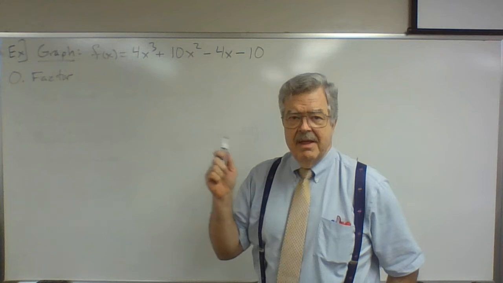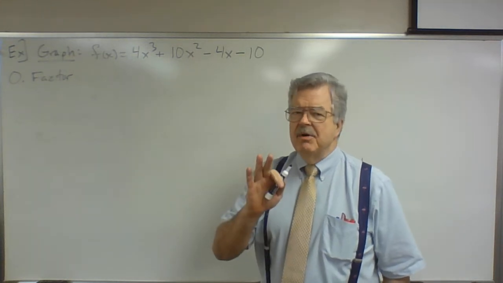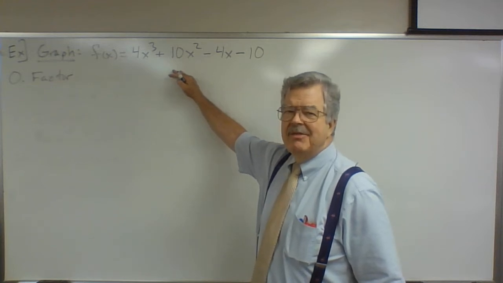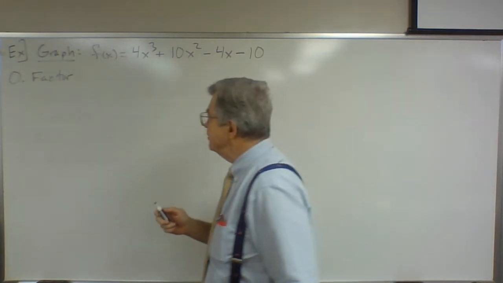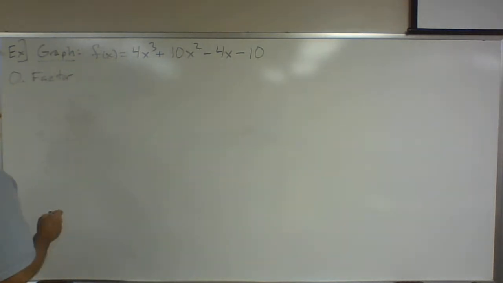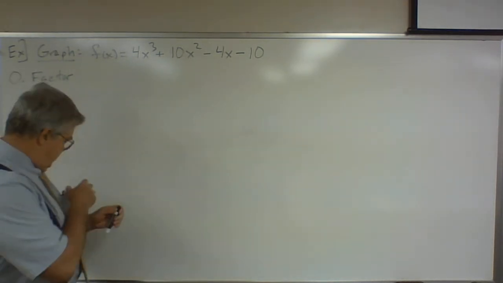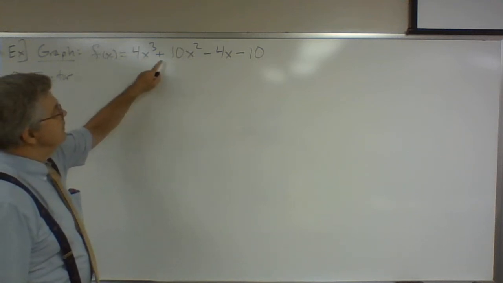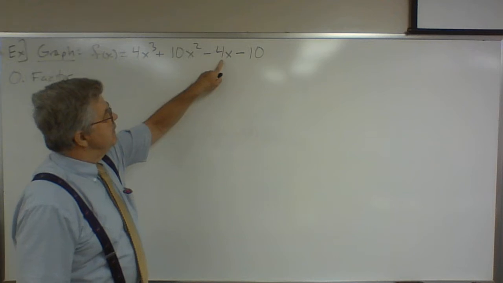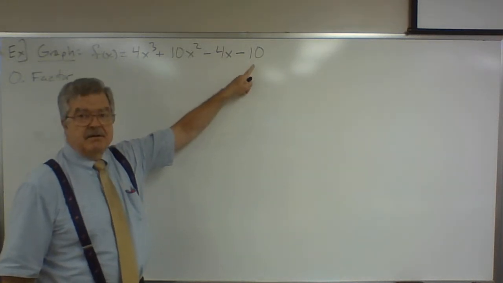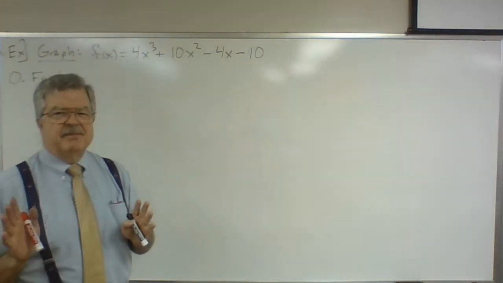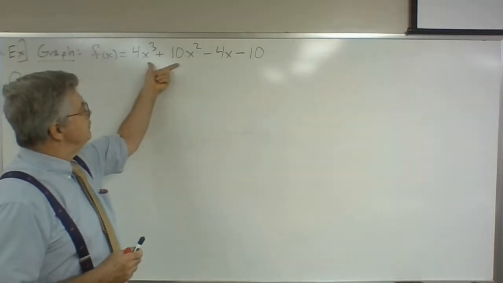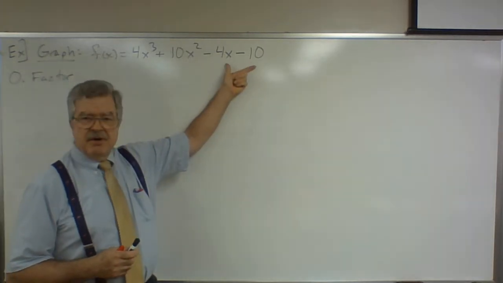So here's what I'm going to do: it both ways. The first way, I'm going to factor it the way that we've been taught to factor things. And something that jumps out at me is that I see 4, 10, negative 4, negative 10. This tells me that somehow I can group these two together and group those two together.